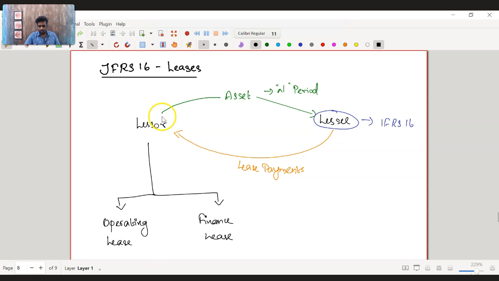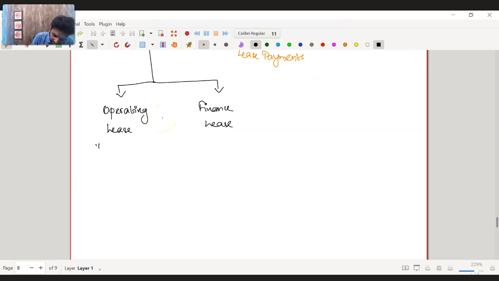Now in an operating lease, even though it is the lessee who is using the asset, the control of the asset will be with the lessor. That is called an operating lease. Whereas in a finance lease, the entire control of the asset will be with the lessee. That's the number one differentiation between operating lease and finance lease.